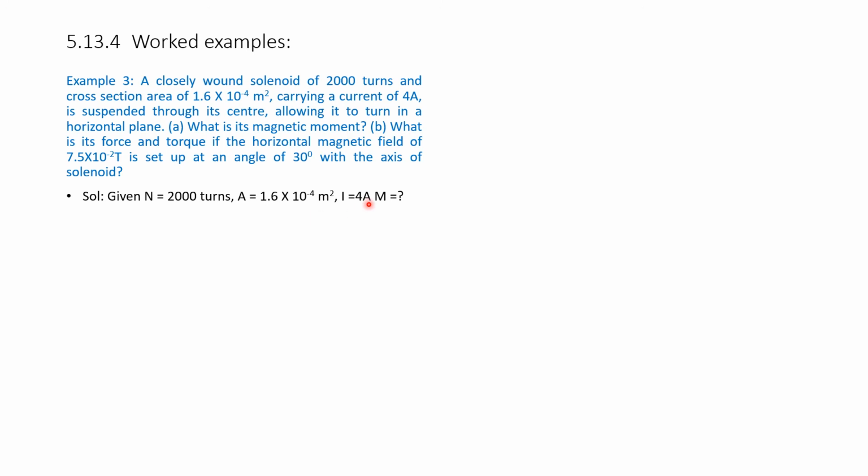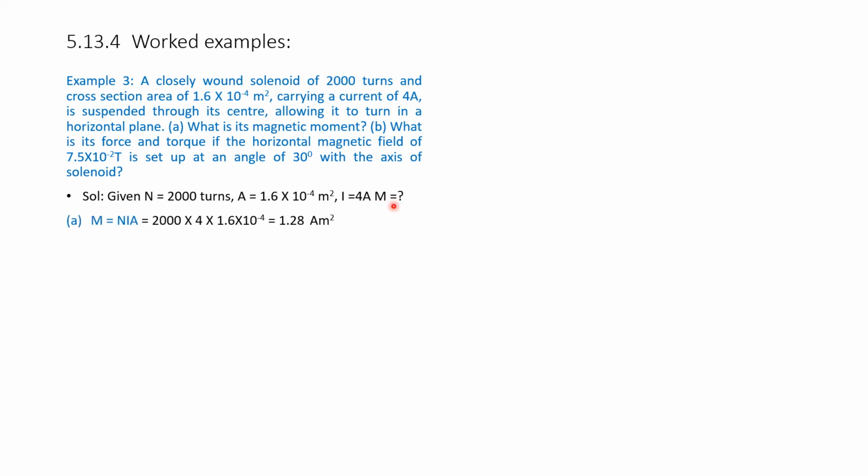And current is given as 4 amps here. So 3 items are given: number of turns 2000, area of cross section 1.6 into 10 to the power of minus 4, and current 4 amps. So we are required to find out the magnetic moment M.